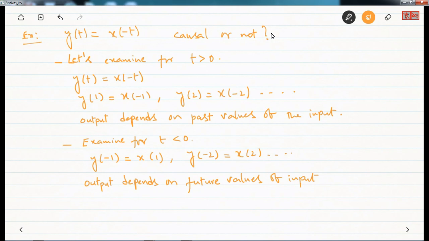Similarly, if I am at minus 2, I want to know the input signal at plus 2. So the output depends on future values of the input. So the system y of t equal to x of minus t is not causal.